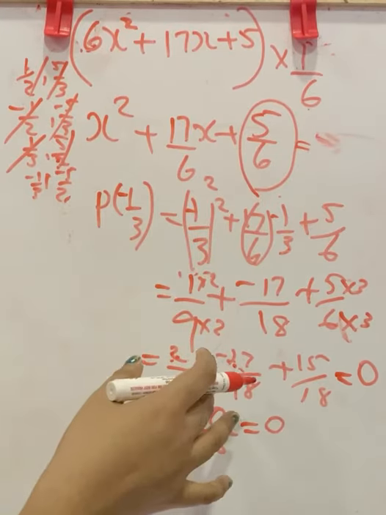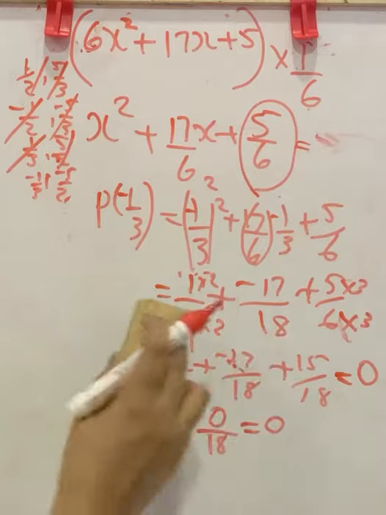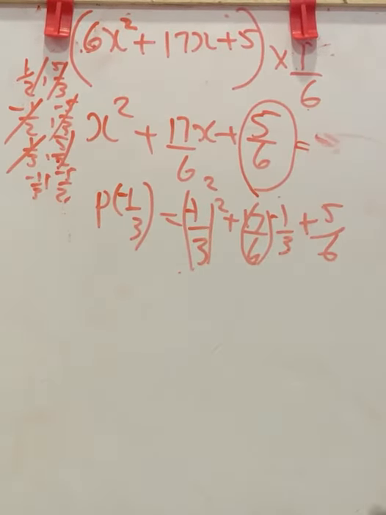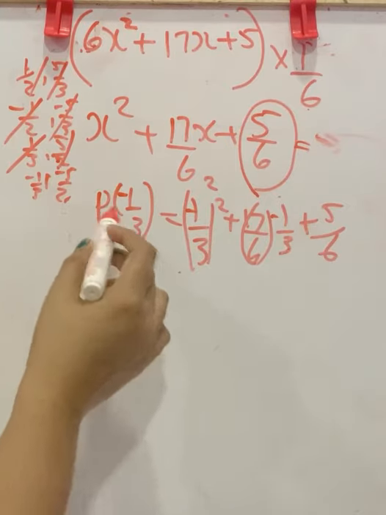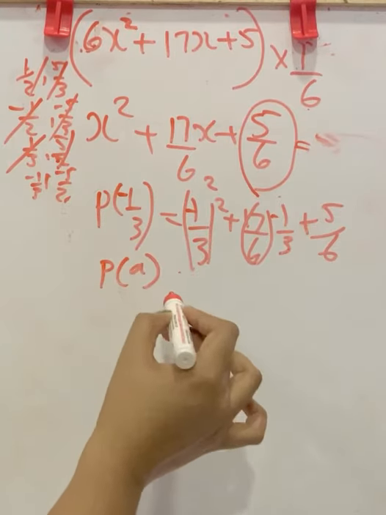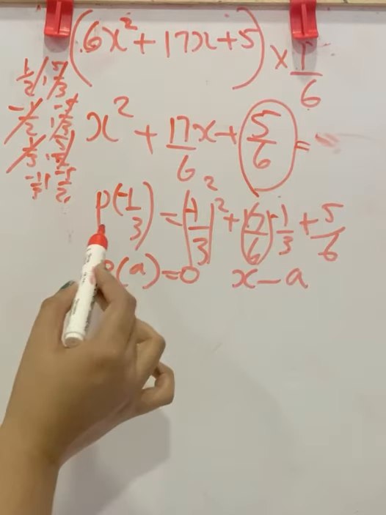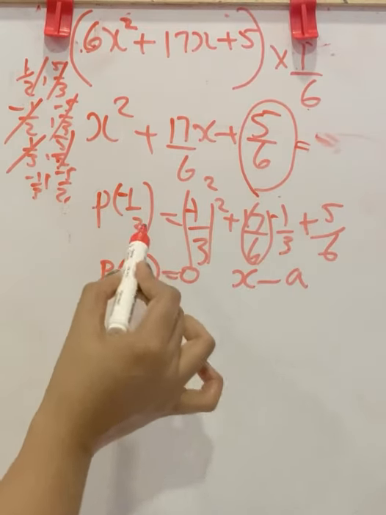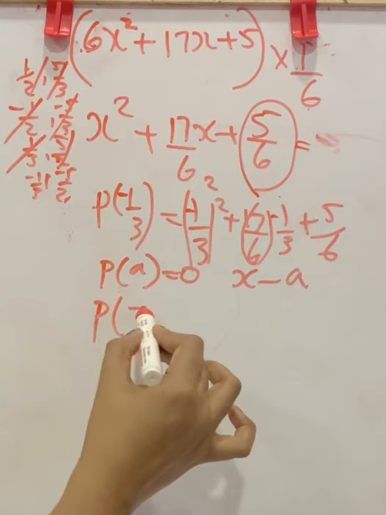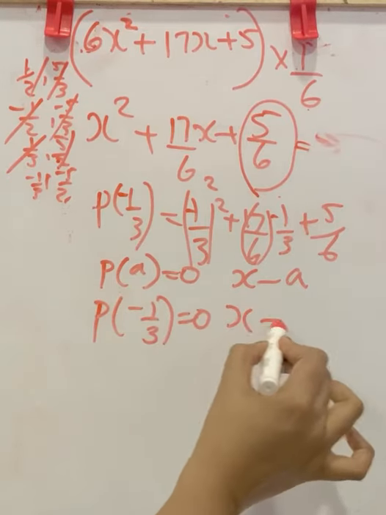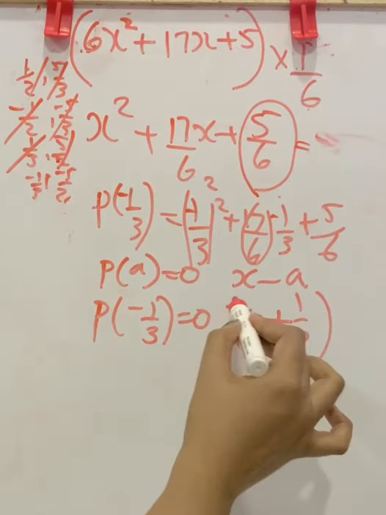If remainder is 0, then we can say it is a factor. So how will you change this to factor? If P of A is 0, then X minus A is a factor. Like that, P of negative 1 by 3 is 0. Then we can say X plus 1 by 3 is a factor.